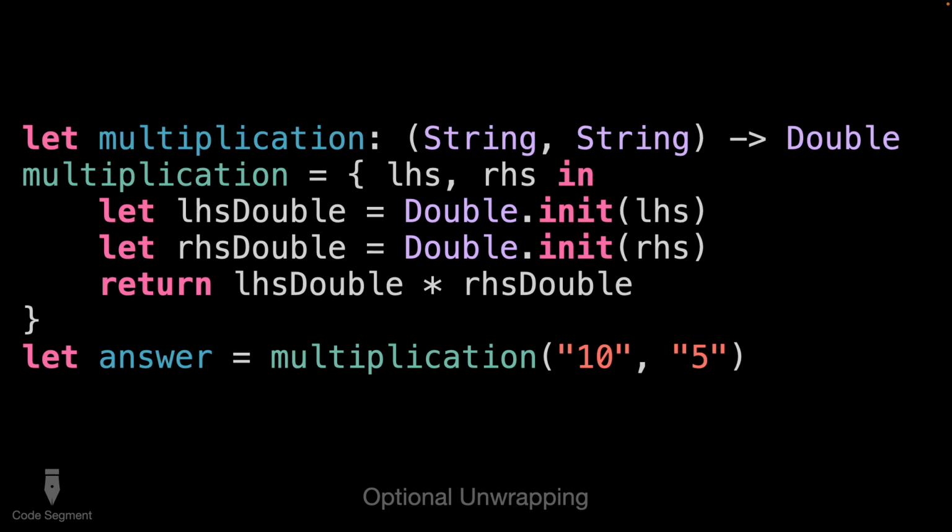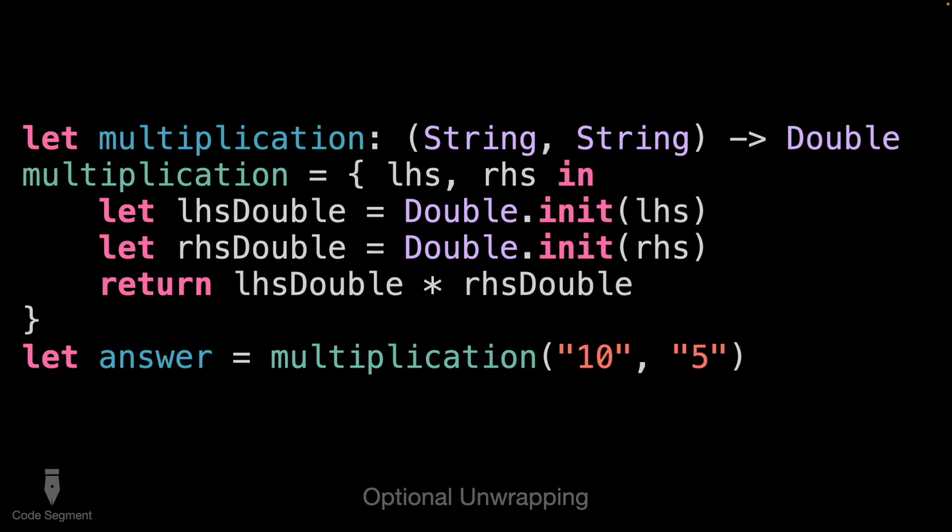So the thing about the way Swift is, when you are casting from a string, which is what we're getting passed in here, to a double, Swift can't guarantee that will work. The string could contain an alpha character, so it could have B or X or C or something in it. It could have a special character like a plus or something like that. Basically, it can't guarantee when you pass it in that the string is just a number.